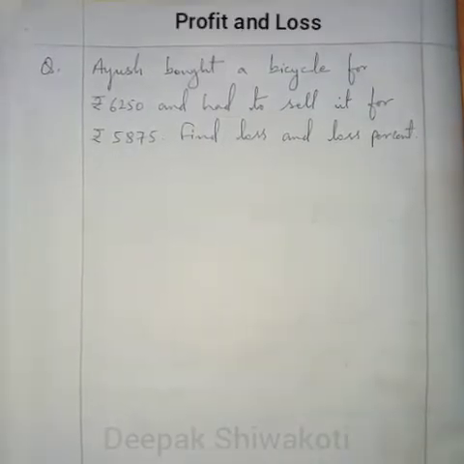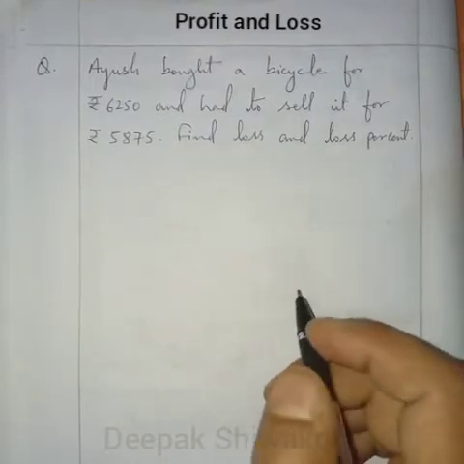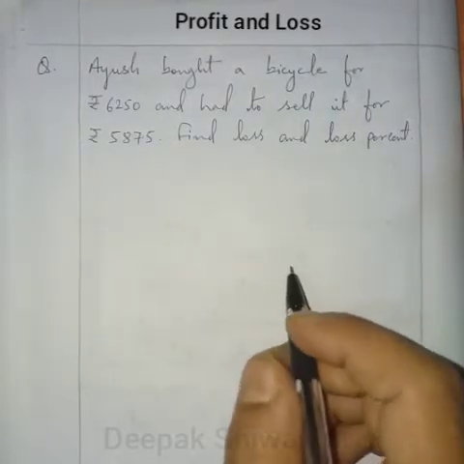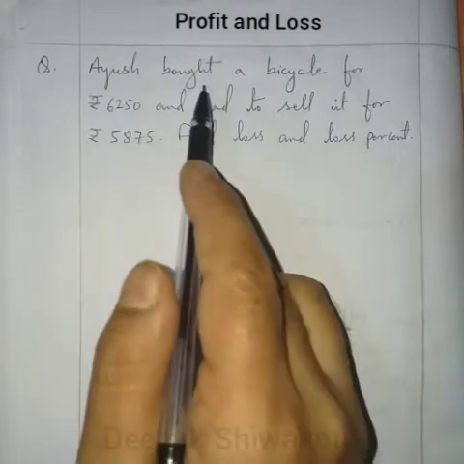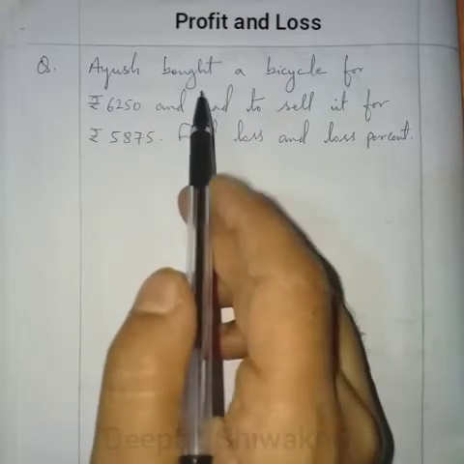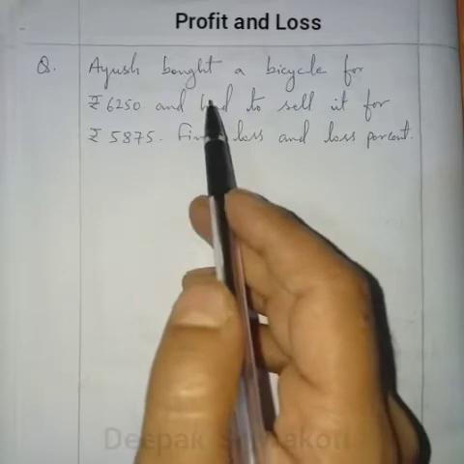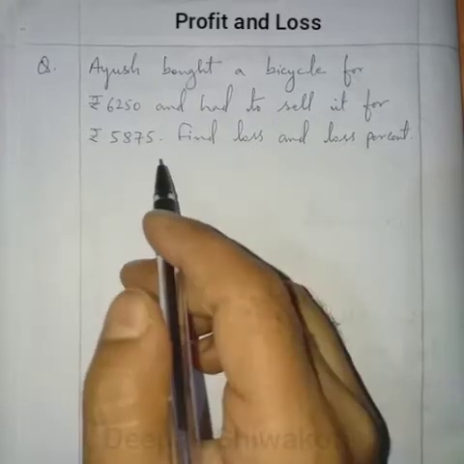Now this question is from profit and loss chapter. Okay, so the question is, Ayush bought a bicycle. So this means some CP is given in the question.